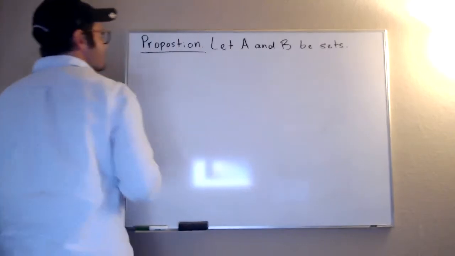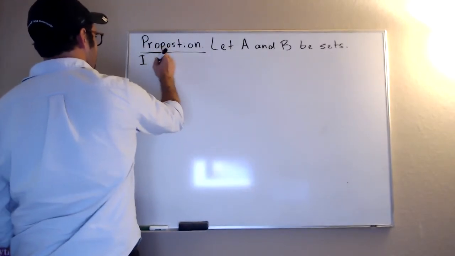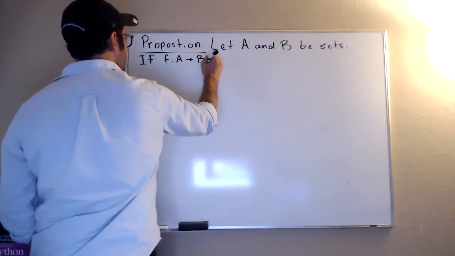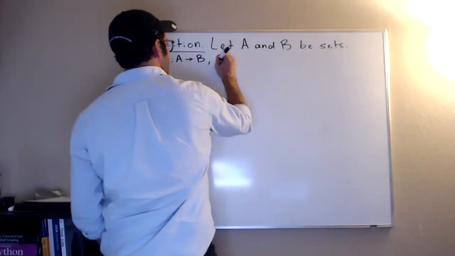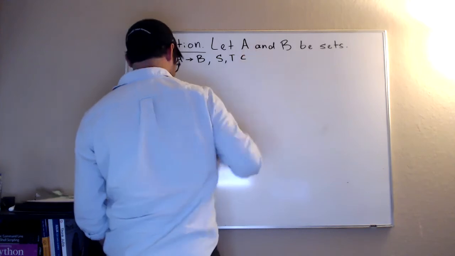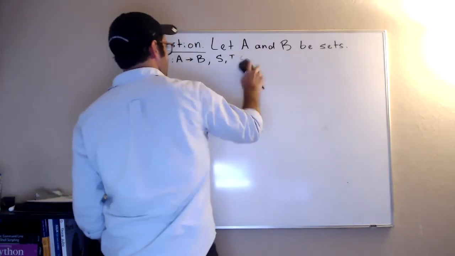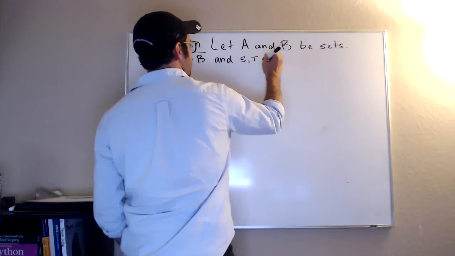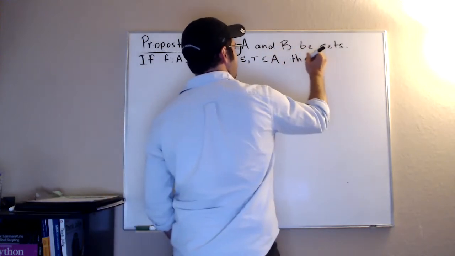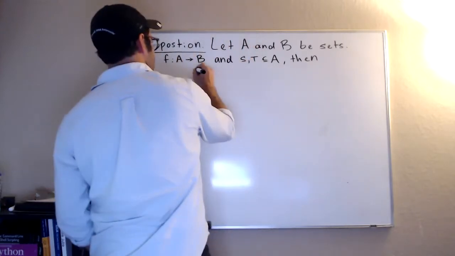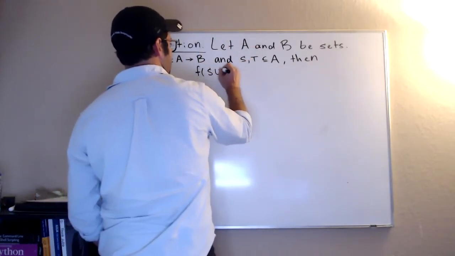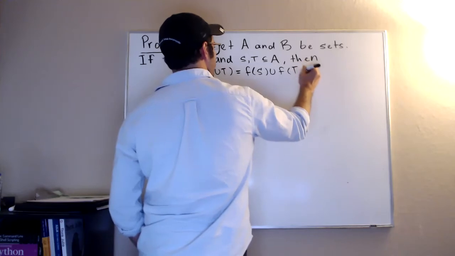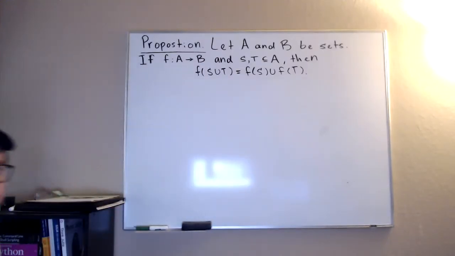If f is a function from A to B, and S and T are subsets of A, then f of S union T is equal to f of S union f of T.